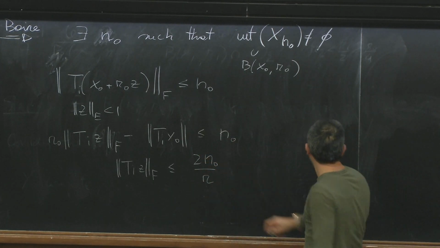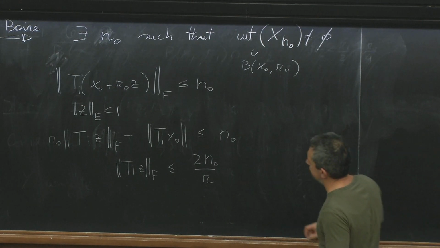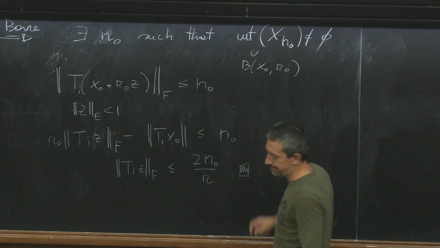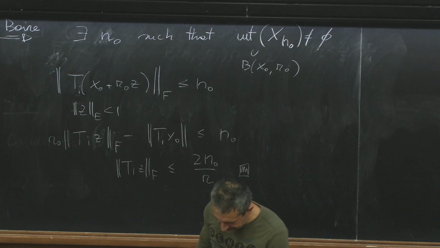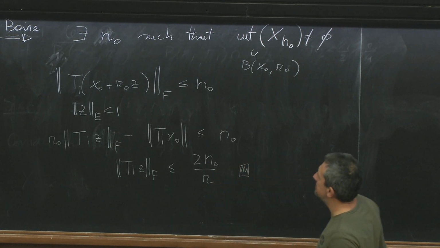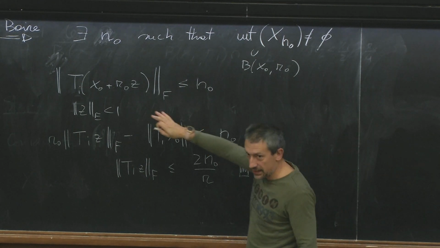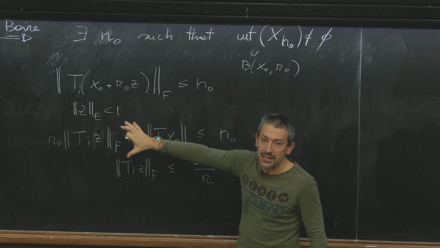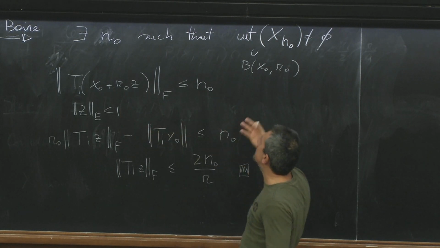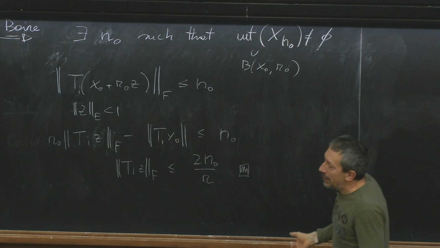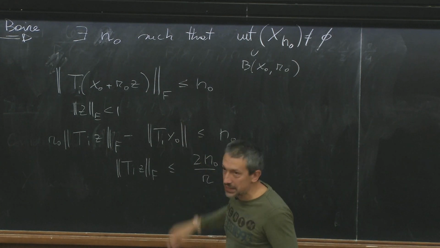And this is my bound. Okay, now let's see the applications. See that linearity plays a huge role in the last step. Otherwise, you get that there exists something where it is uniformly bounded, but you don't get that it is Lipschitz.